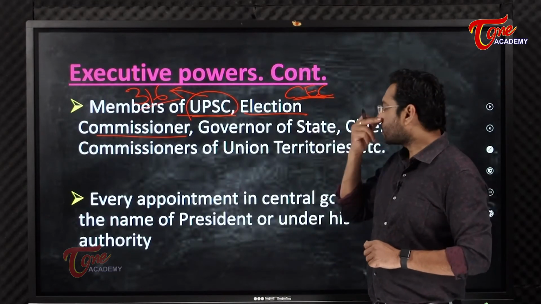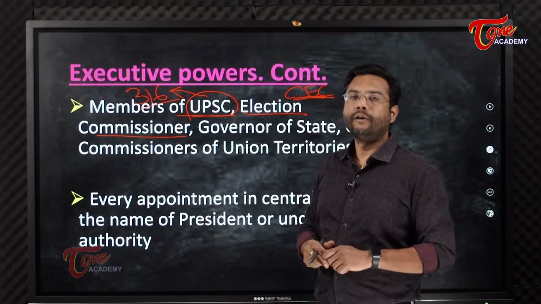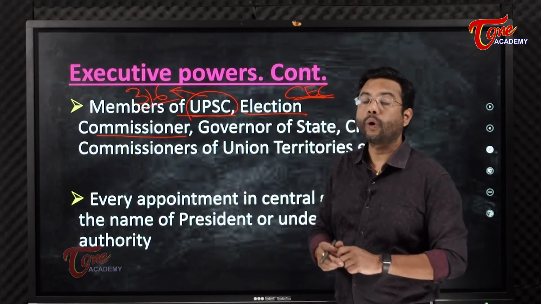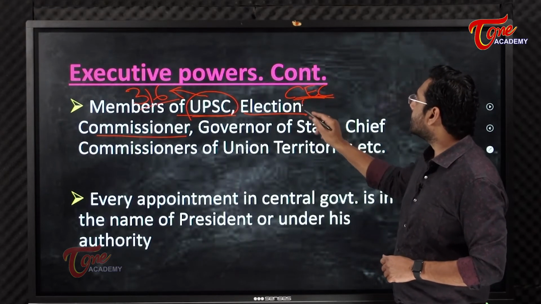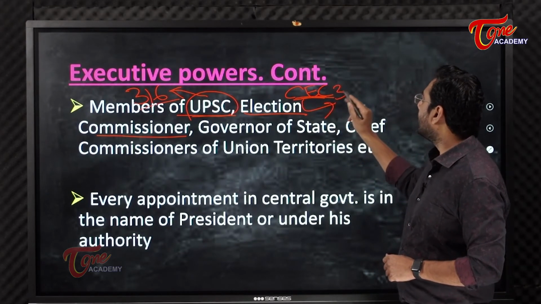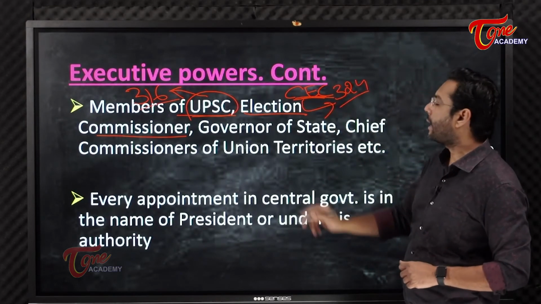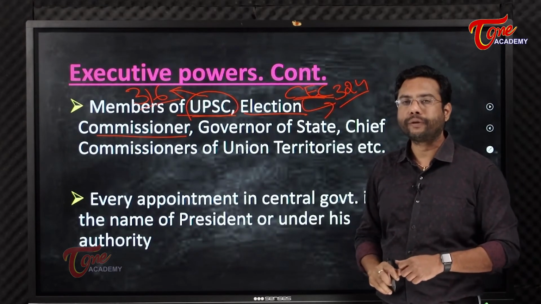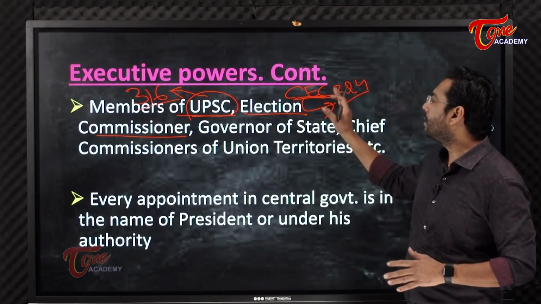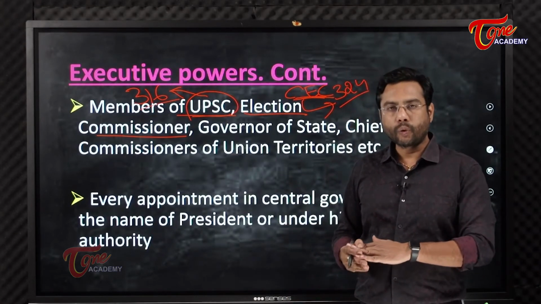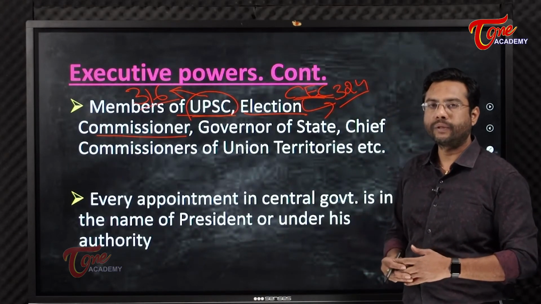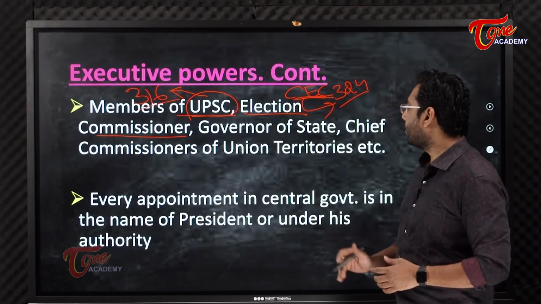All of them, the CEC and the Election Commissioners of the Election Commission of India, are also appointed by the President of India. This is under Article 324. The appointments of the chairman and members of the Election Commission are done under Article 324.